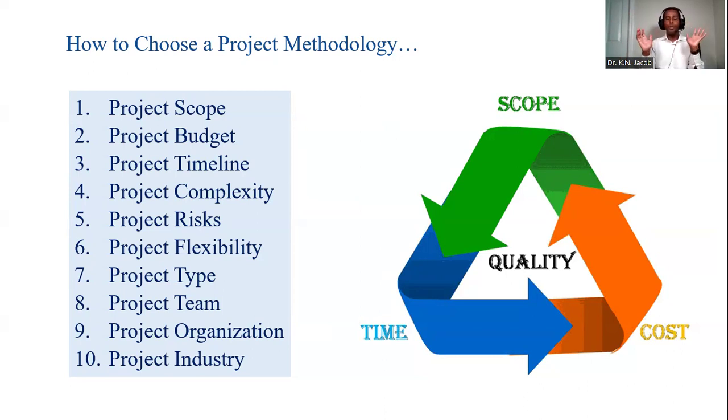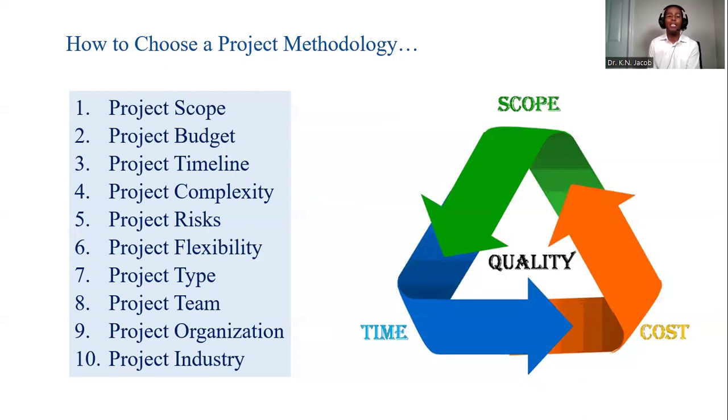So for example, if we are constructing a road, doing mining, constructing a gas station, or putting up a power project, whether hydro or nuclear power line, all that I can go predictive, because we already know the scope, so we can estimate the budget and the timeline within a certain confidence interval.